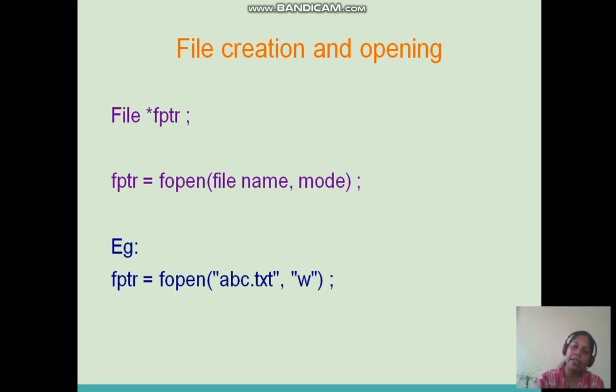If a file named abc.txt already exists, the contents of abc.txt is completely erased when we perform this operation. So, if you want to open a file for reading, give an existing file name as the file name. If it is for writing, give a new file name and that file name should not exist. If it exists, the contents will be erased. And this function fopen gives a file pointer to the variable fptr.